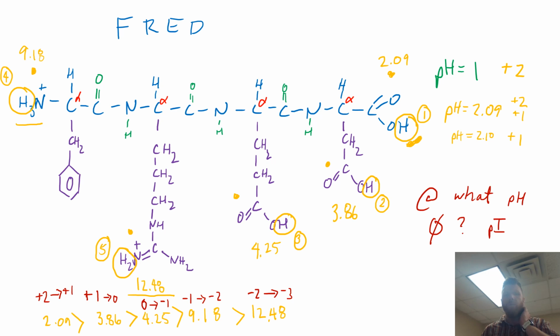And in order to do that, you need to get the two values that correlate with this transition from +1 to -1. So in this case, you want to look at where you go from +1 to 0 and 0 to -1. And you're going to get 3.86 plus 4.25, divide that by 2.